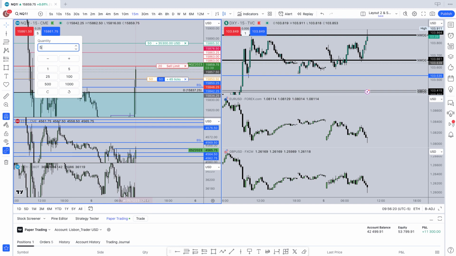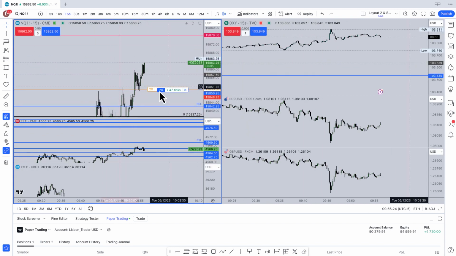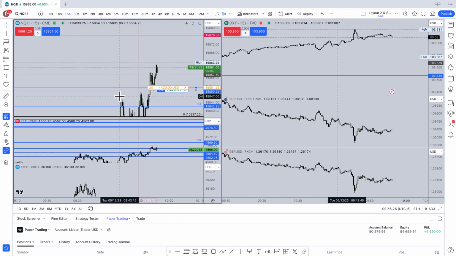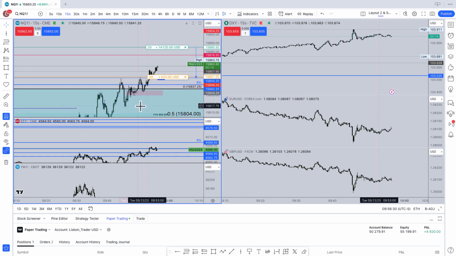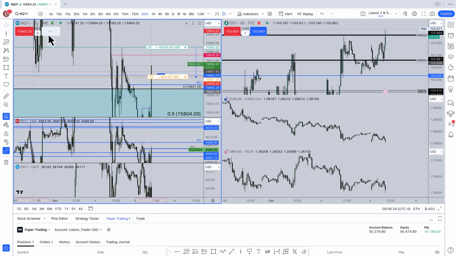Okay. We took that. So we are back at 50k equity. Let's keep on buying, building our 10,000 below this level there.